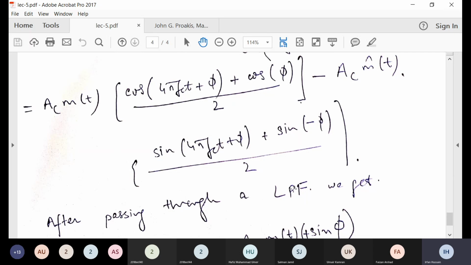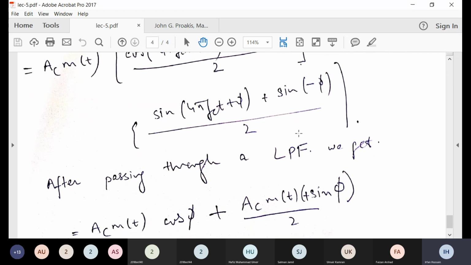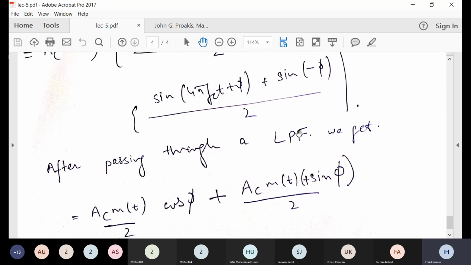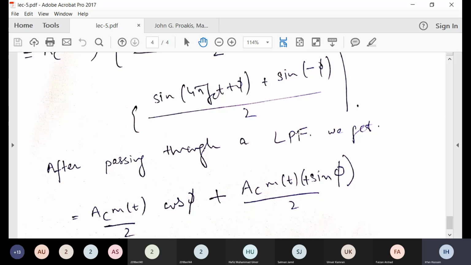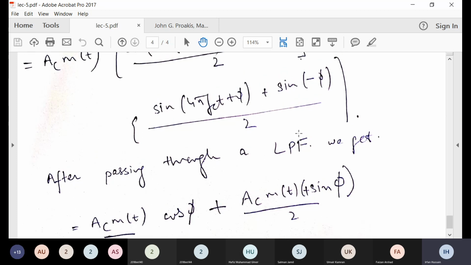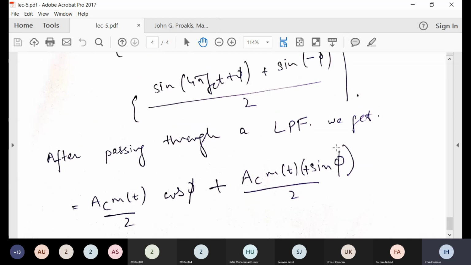When you pass it through a low pass filter, all the terms which have the high frequency carrier will be neglected, and you will get this cos phi and sin phi at the output. So this will be your signal.